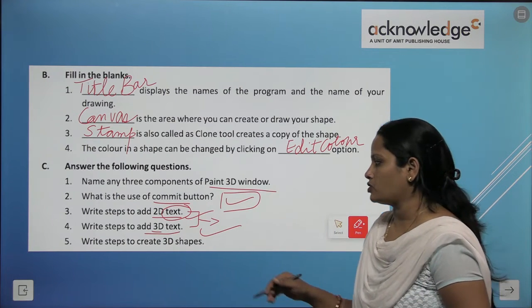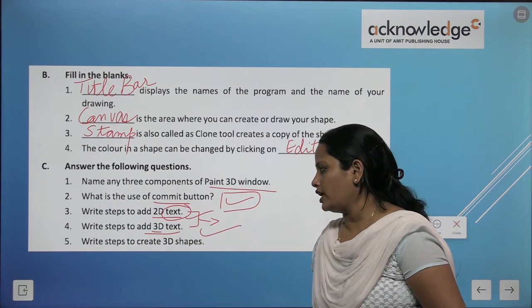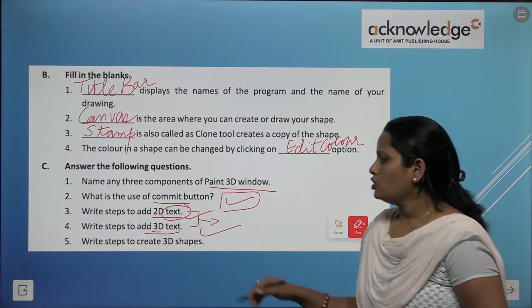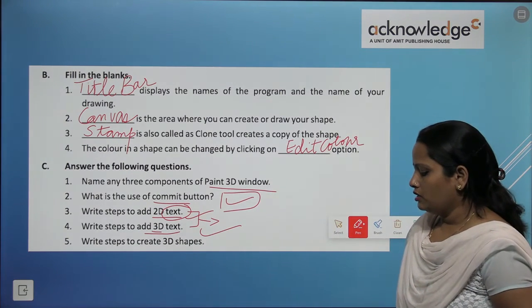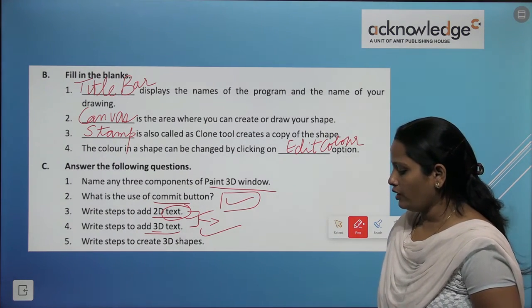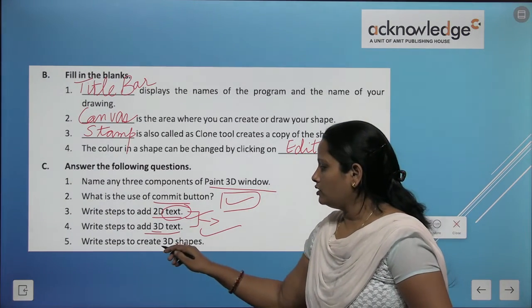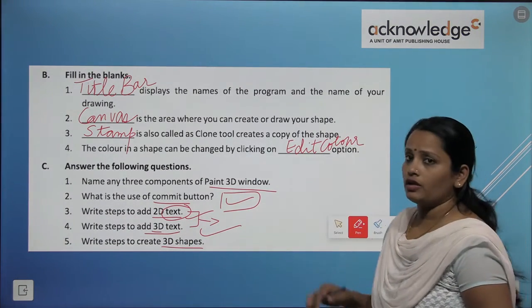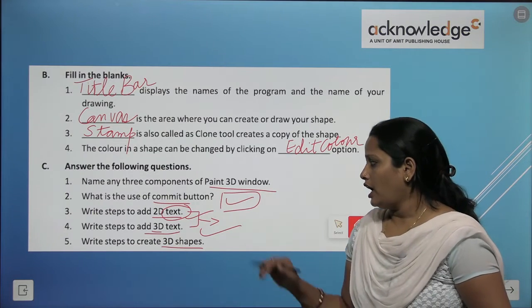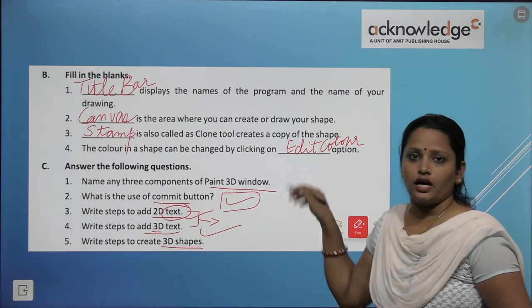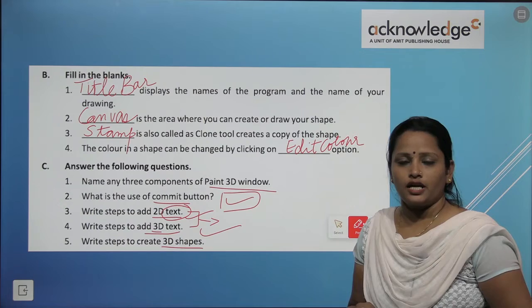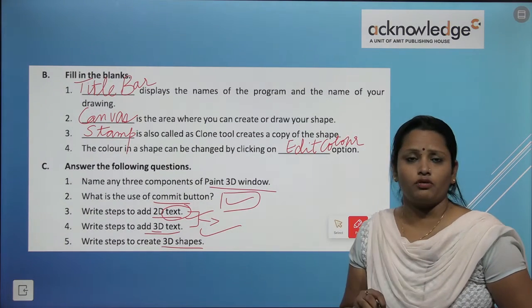Now write steps to create 3D shapes. So for creating the 3D shapes, we have to click on the 3D shapes option given on our menu bar, and from there a list will come. From that we have to select the shape that we want.